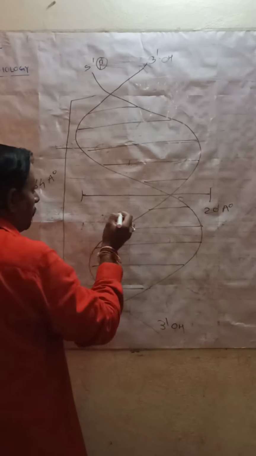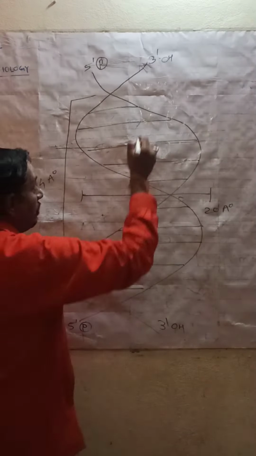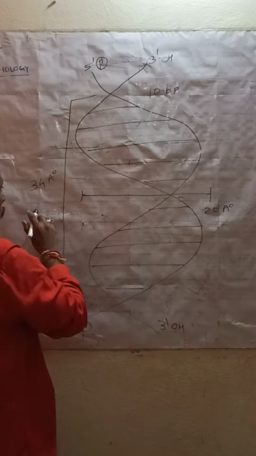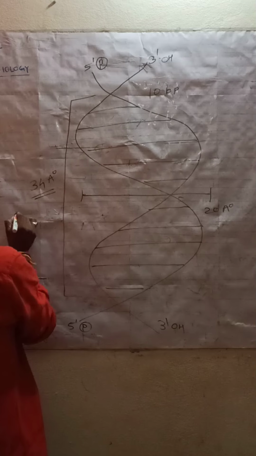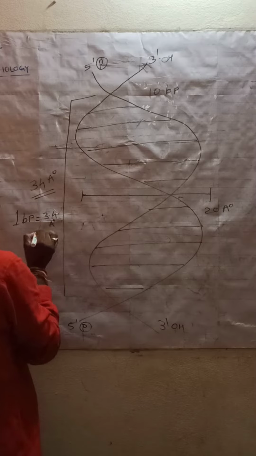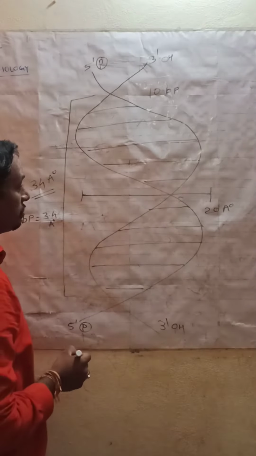There are 10 base pairs per turn. This is a complete turn having 10 base pairs. So 10 base pairs occupy 34 angstrom, which means one base pair occupies 3.4 angstrom of space.